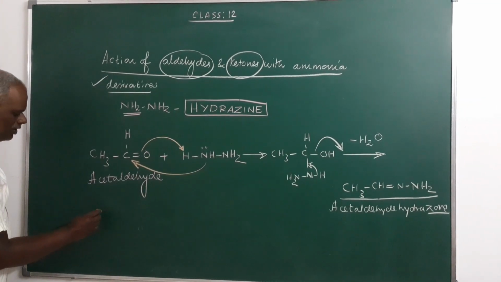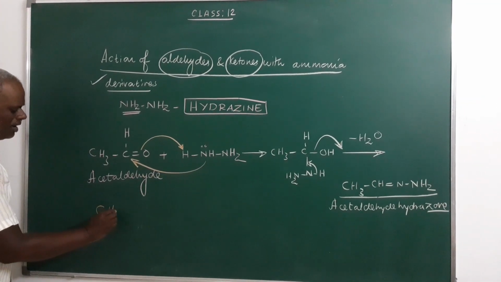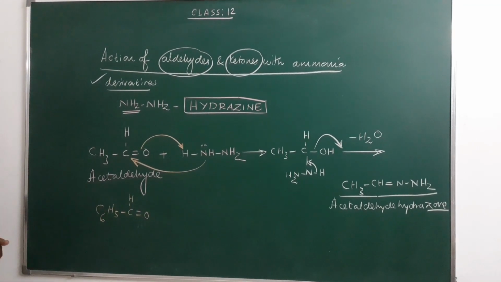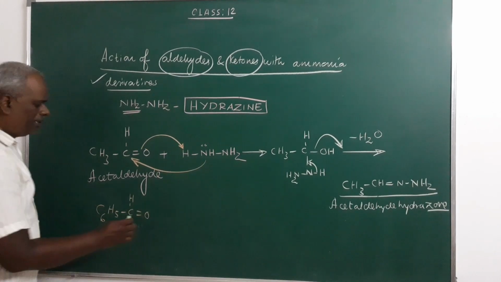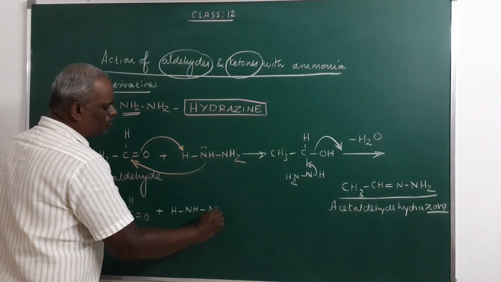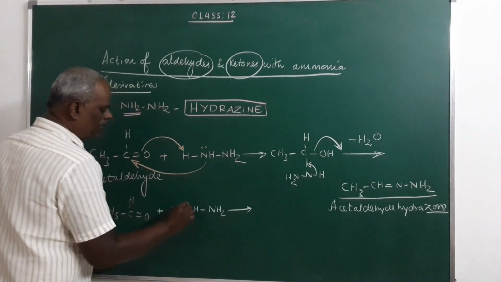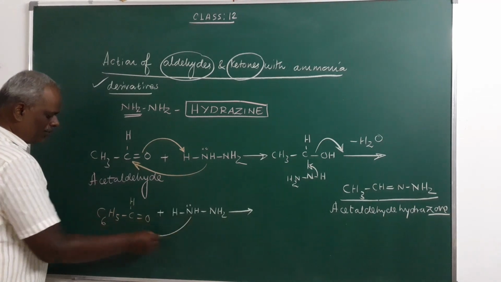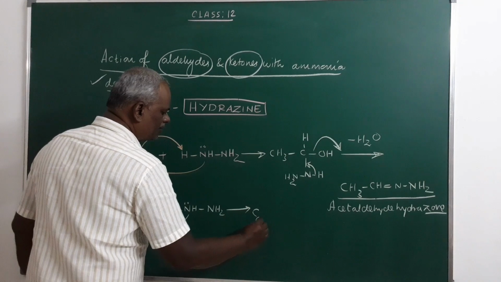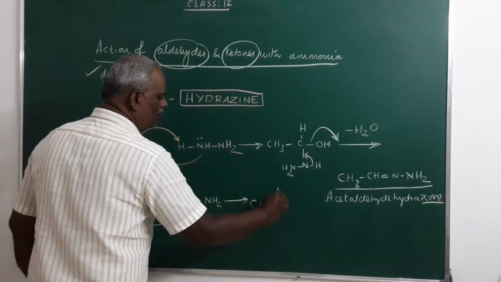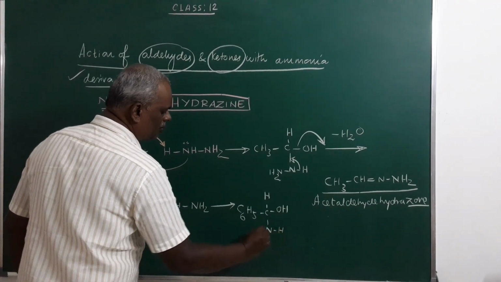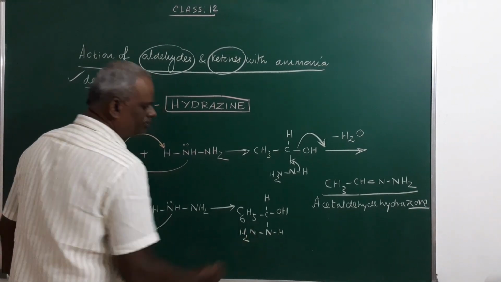So we can try for the benzaldehyde, an aromatic aldehyde. If you take the benzaldehyde and the hydrazine, NH-NH2, a similar case: attack of nucleophile on the carbon, the bond breaks up and the product is C6H5CH(OH)NH-NH2.